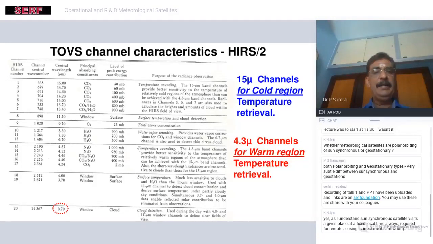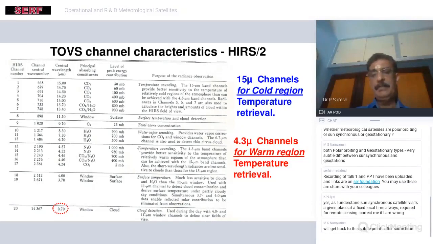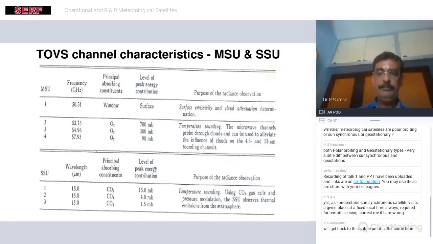Out of 20 channels, what I have circled here is channel number 20, which is the visible band. That is for cloud mapping and cloud detection. The 15 micron channels will work on the cloud region or very cool surfaces. The 4.3 micron channels work on warm regions, for temperature retrieval. The microwave sounding unit and stratospheric sounding unit carry 4 channels and 3 channels respectively.